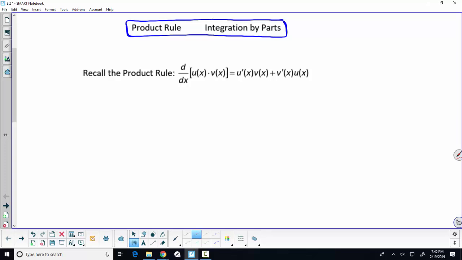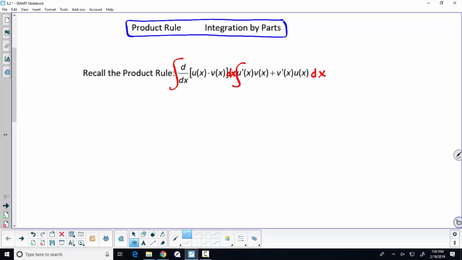We know the derivative of a product. Here's the product rule. And if we look at the antiderivative with respect to x on this side, we have to look at the antiderivative with respect to x on that side. So it's an antiderivative of the derivative. On the left-hand side, antiderivative of a derivative. We know that those are inverse operations.